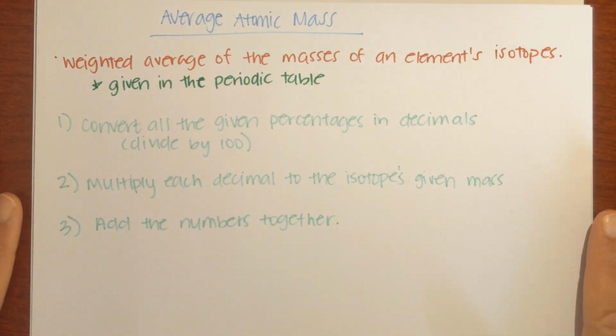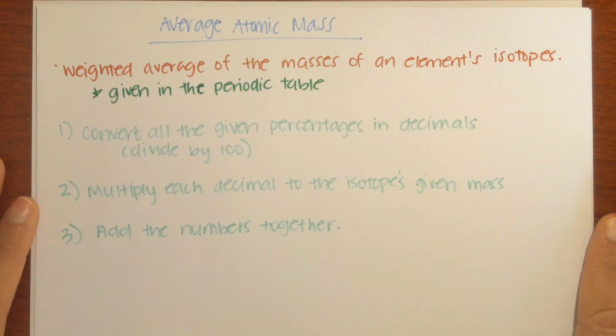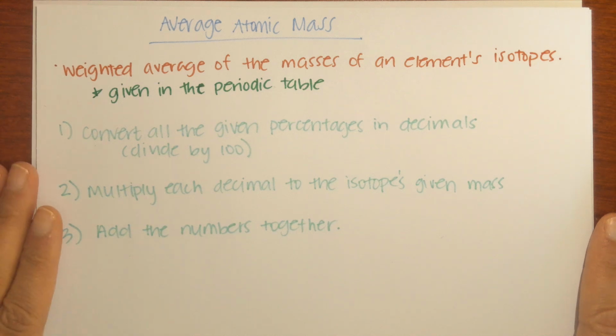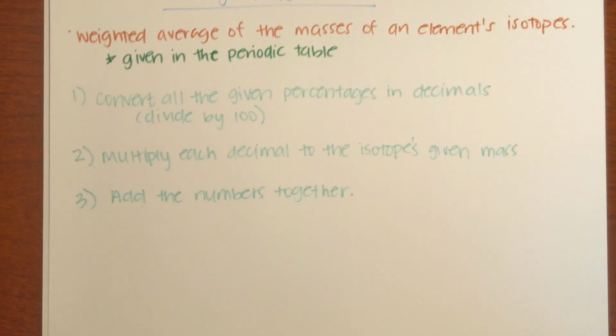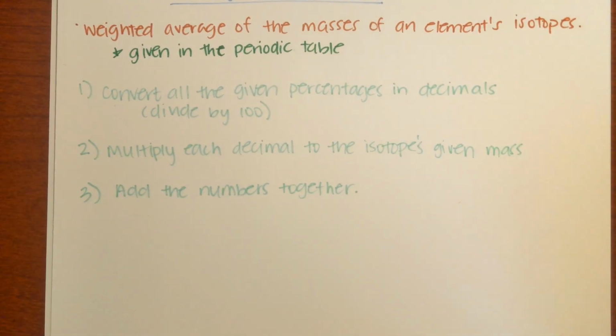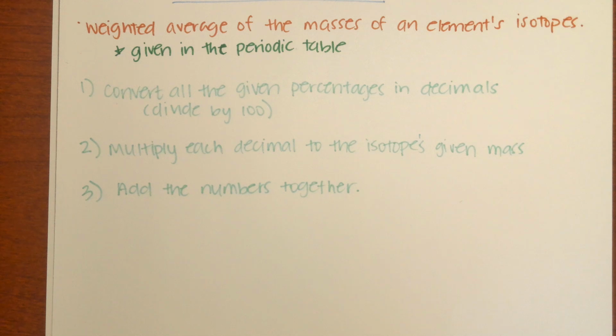It's pretty simple. Essentially you'll be given the isotopes, and each isotope has different masses and also different percent abundances. We're going to follow these 3 steps one by one, and a good way to check your work is to check the periodic table.